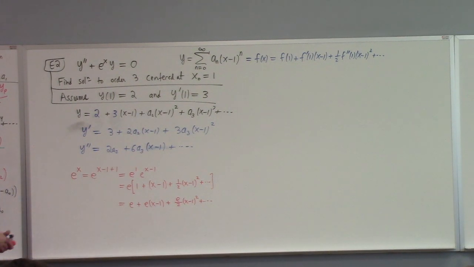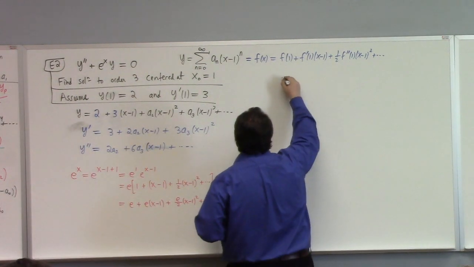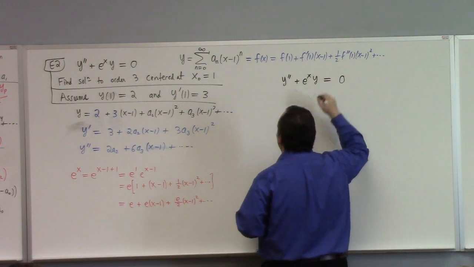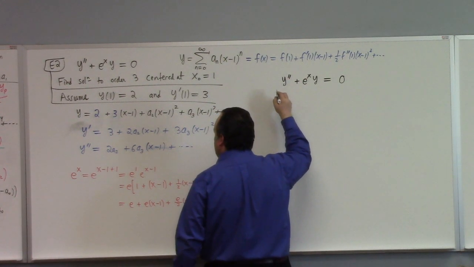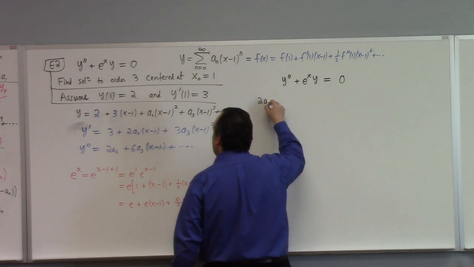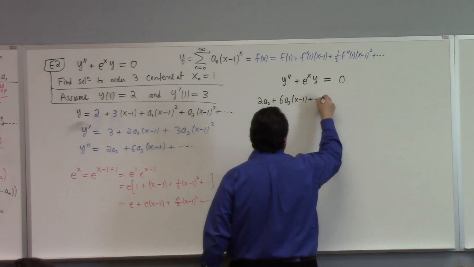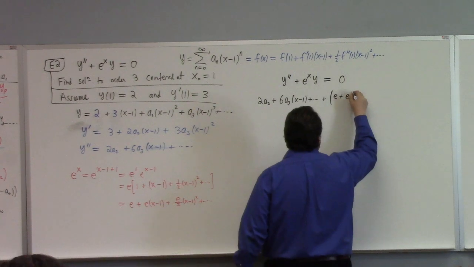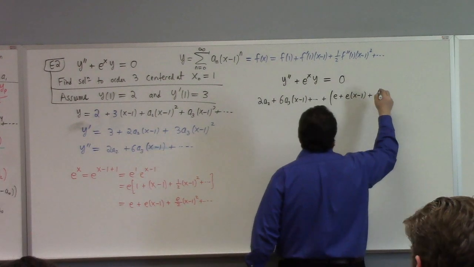All right, well, let's put it all together. So we're looking at, this time, y prime prime plus e to the x times y equals 0. All right, so this is, what do I got? 2a2 plus 6a3 times x minus 1 plus dot dot dot plus parentheses here, e plus e times x minus 1 plus e over 2 times x minus 1 squared.